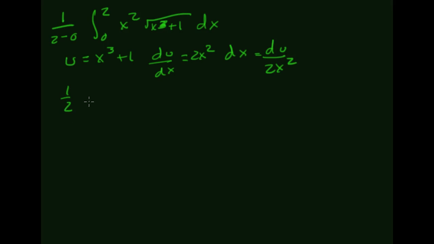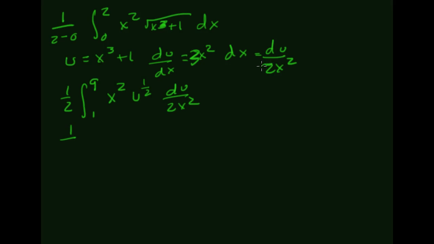So this is going to give me 1/2. Let's change the bounds of integration. This one's going to become 1. That one's going to become 9. That's x squared u to the 1/2 du over 3x squared.